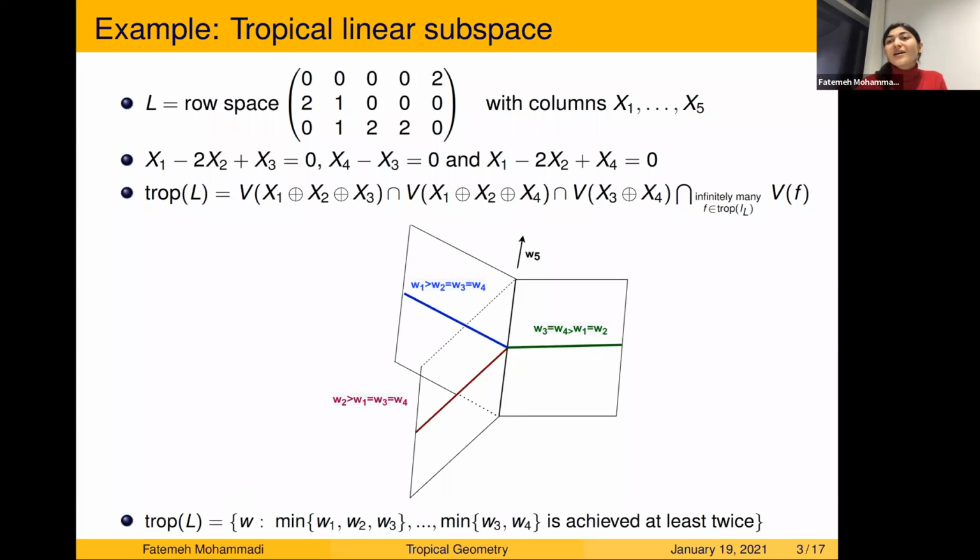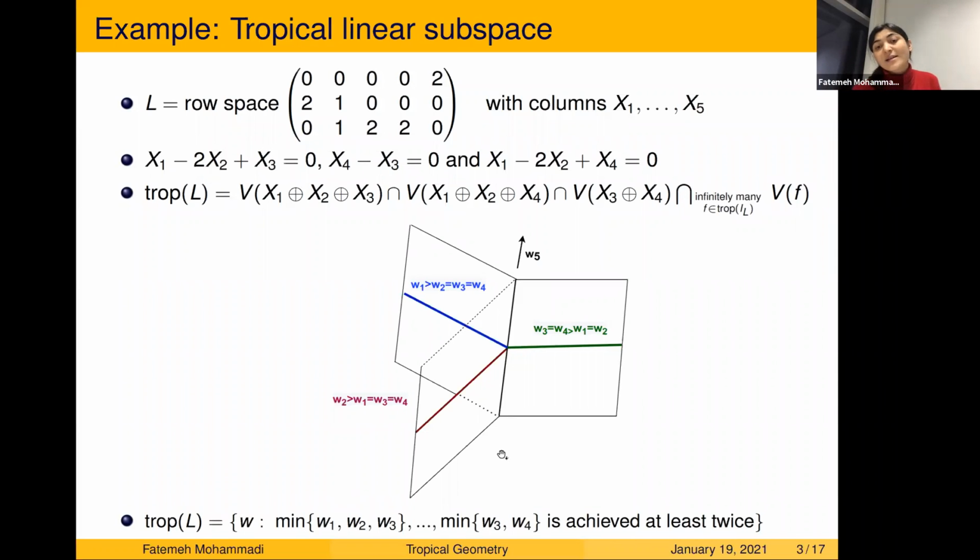Okay, so if I want to look at the corresponding polyhedral complex, I just solve these inequalities. There are 3 possibilities. W5 is free. I can choose W5 to be anything because it doesn't show up in any of the circuits or dependencies of my matrix. So I look at all these 3 possible ways to satisfy the conditions to have my W in the tropicalization.